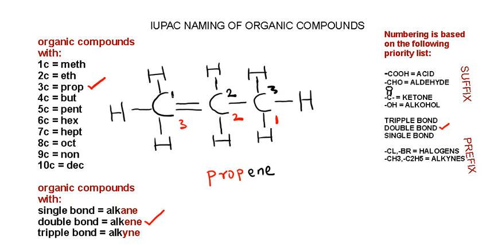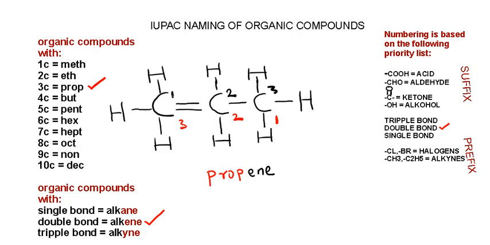There is no functional group, but we have a double bond here. This double bond is between carbon number 1 and carbon number 2 if you are numbering in a forward direction.